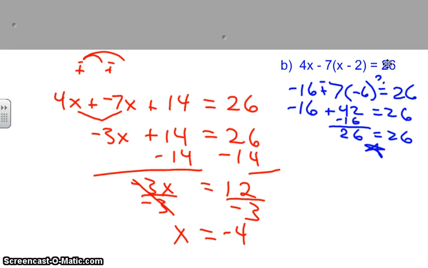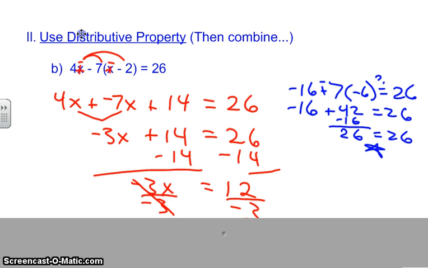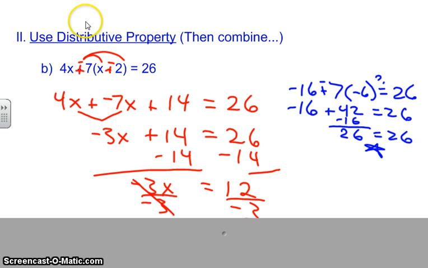So when we substitute our solution into the original equation, we can prove to ourselves that we have the correct solution. So this is called, let's back it up. Oops, I dragged the whole thing over. This is called using the distributive property. All right, we use the distributive property, and then we combine like terms.